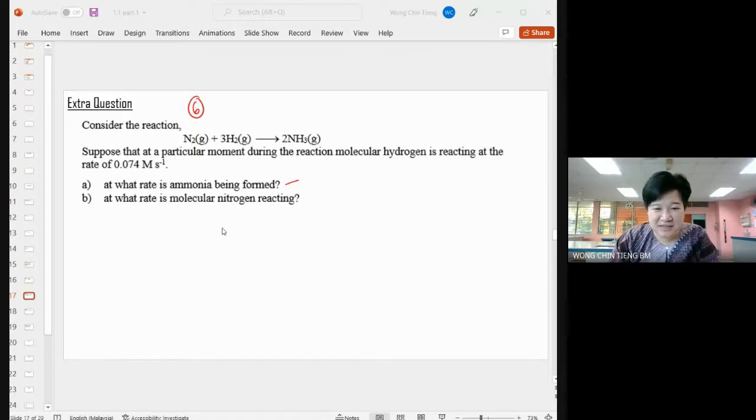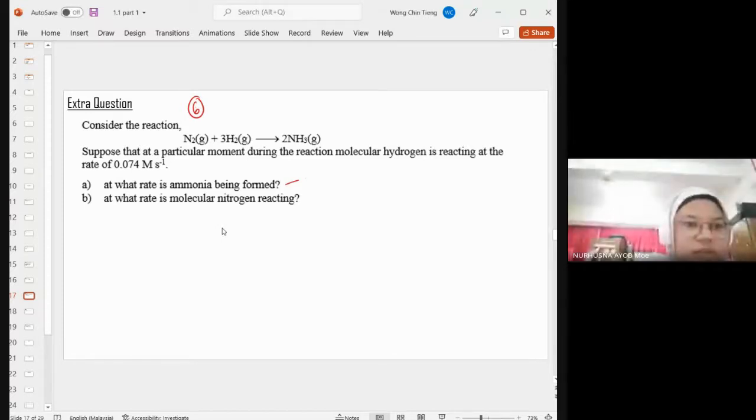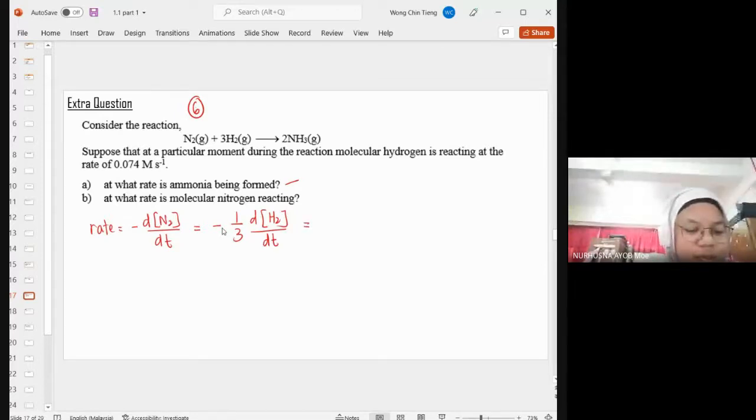Okay, never mind. Alright, Arif is missing. Husna, A? Rate equals negative d[N2]/dt equals negative 1/3 d[H2]/dt equals positive 1/2 d[NH3]/dt.